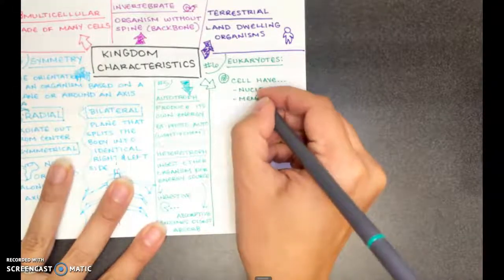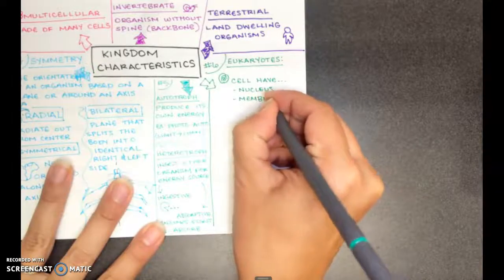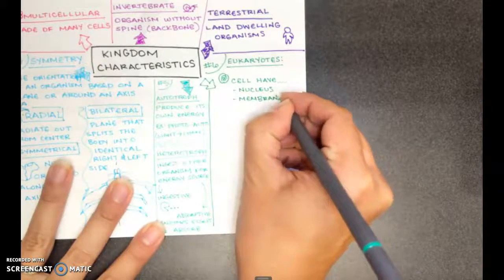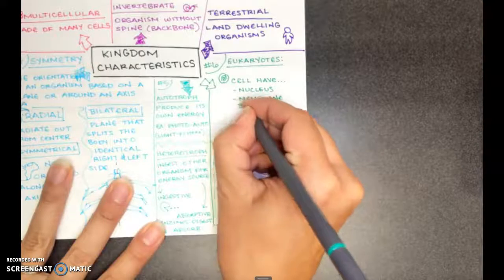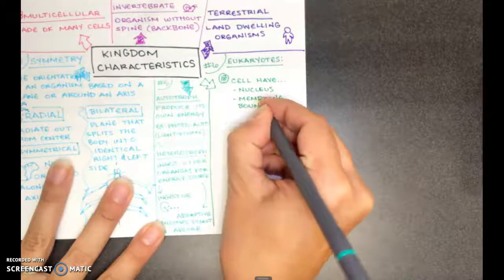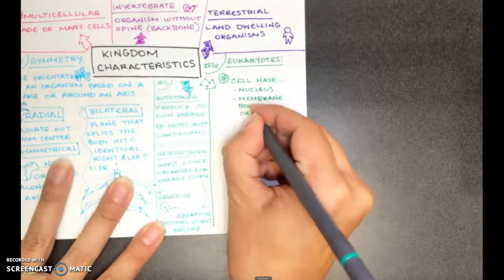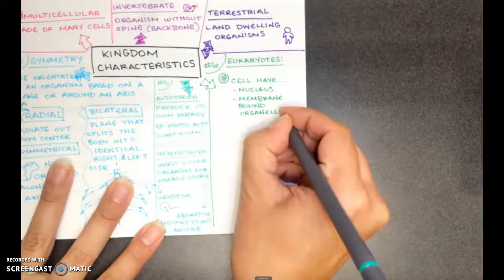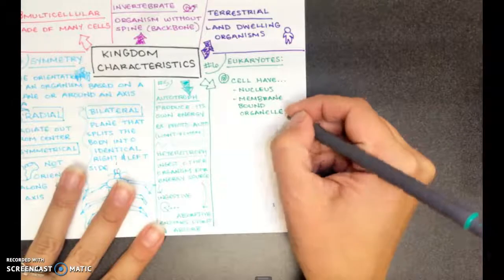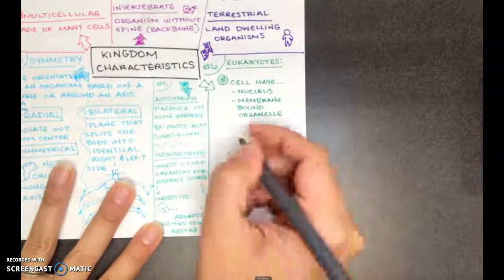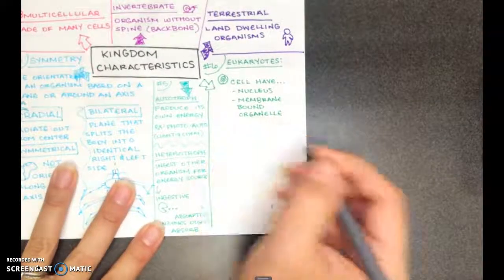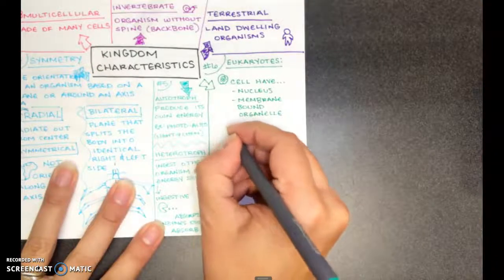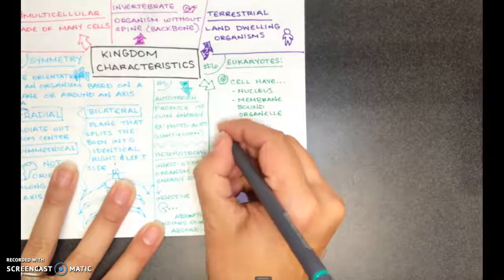And membrane-bound organelles. And that simply means that the organelles are surrounded by a membrane. And we'll talk a lot about these membranes and the important role that they play a little bit later on. And then finally, they could be multicellular or unicellular.